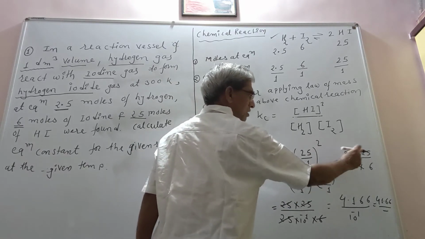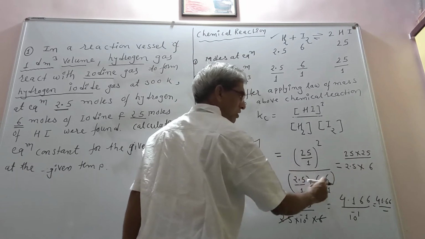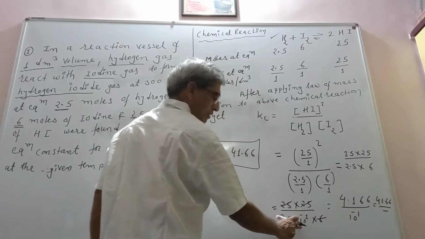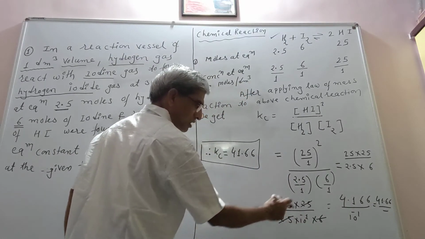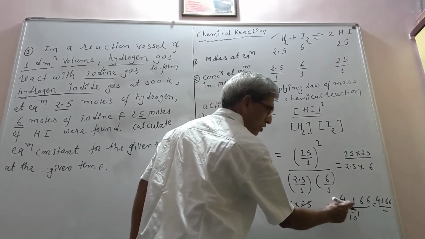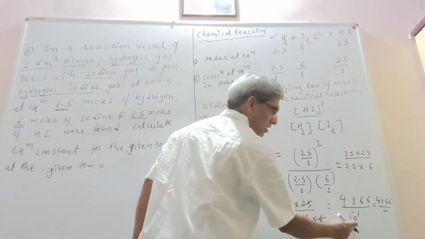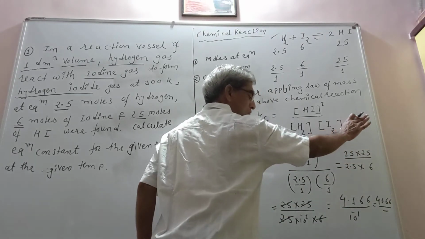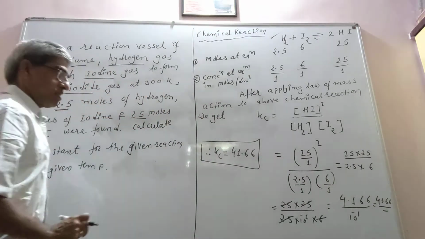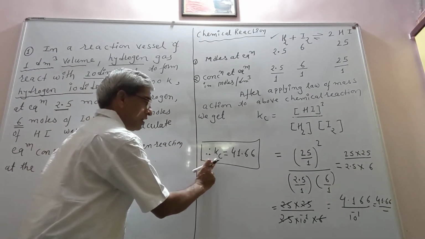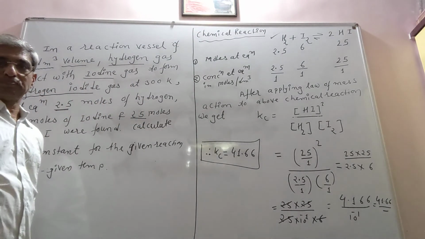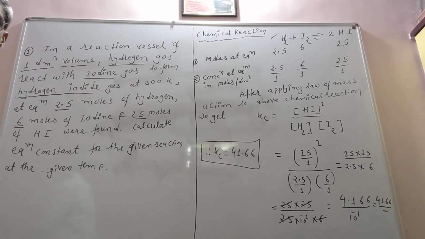Simplifying, 25 into 25 over 2.5 into 6. Remove the decimal point and multiply by 10 raised to minus 1. 25 divided by 6 is 4.166, and with 10 raised to minus 1 it becomes 41.66. Therefore, the answer is Kc equal to 41.66.